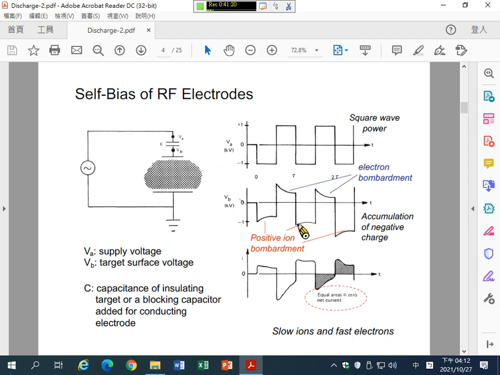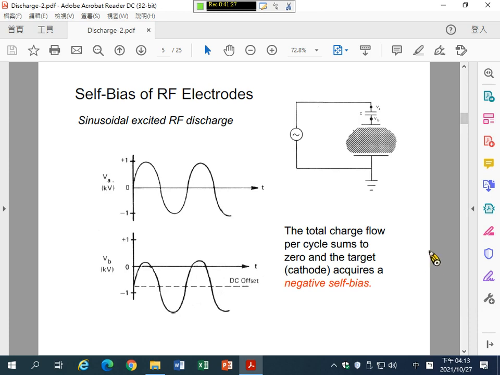In industry, most RF power supplies use a sinusoidal form, so that the output voltage follows a sine wave rather than a pulsed DC type.